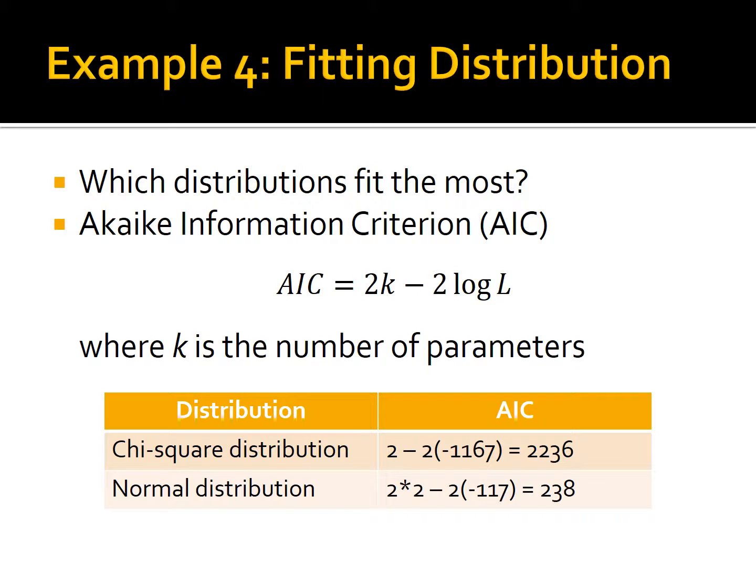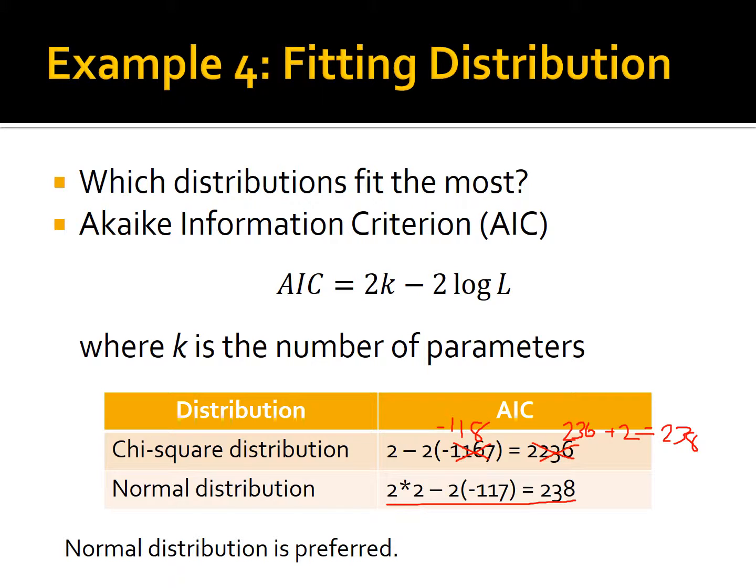So for the chi-square distribution, I got a log likelihood of negative 118, so this would be 236, right? 2 times 6... 236 plus 2 would be 238, and for the normal distribution it would be 238 as well.